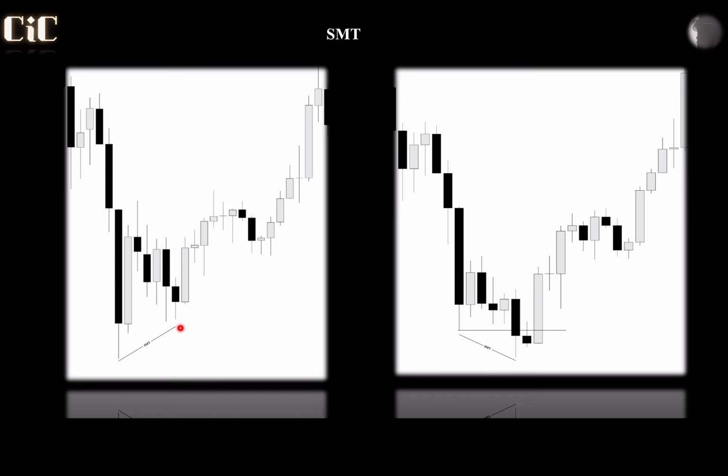So this is the cheapest they want to offer this asset class. Right, so ideally, you're going to go and buy the asset class which is refusing to go lower in a bullish market, and vice versa.